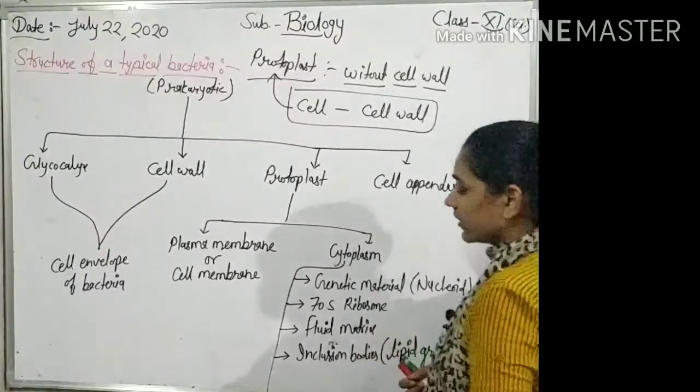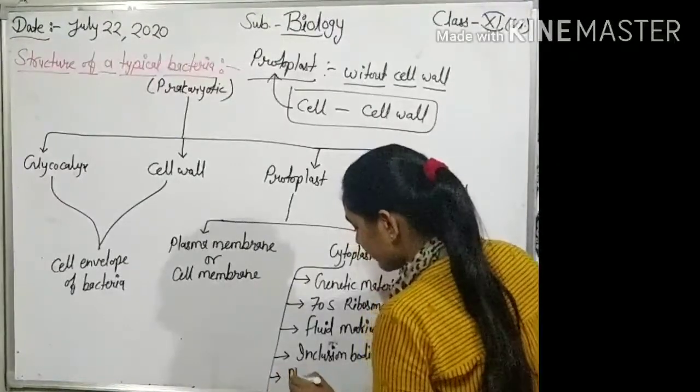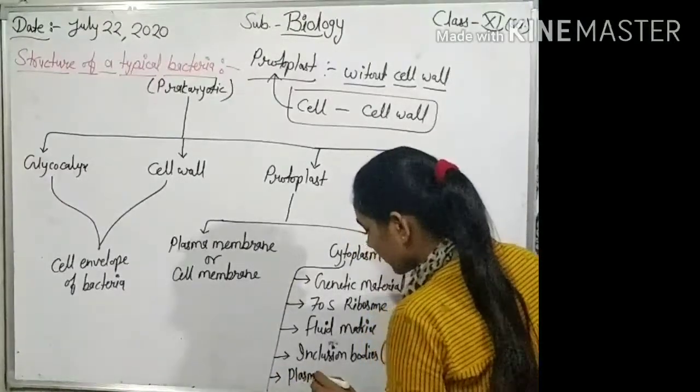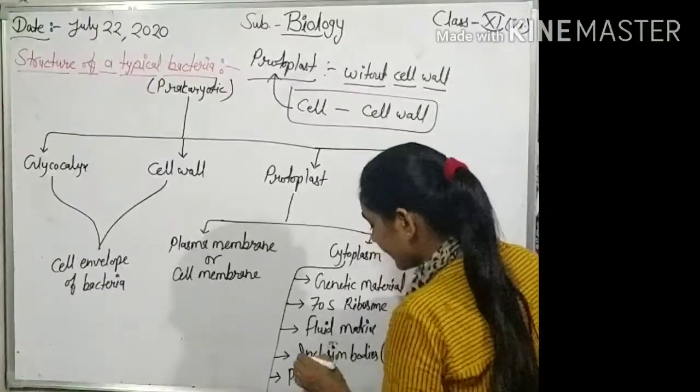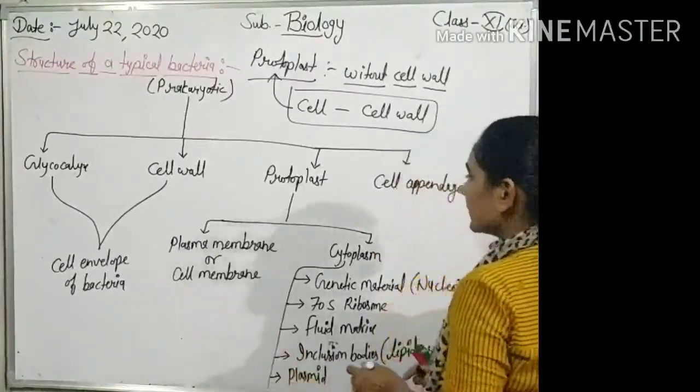These may be organic or inorganic. Plasmid, extra chromosomal DNA of bacterial cell.